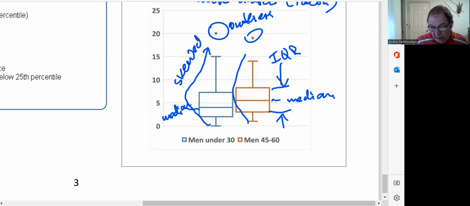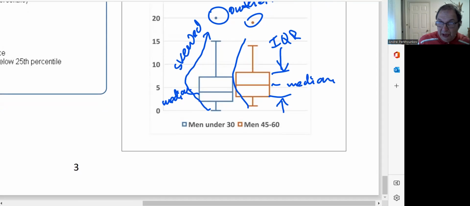And so, of course, what would be the easiest, most transparent statement you can make looking at these two graphs? Obviously, you see that men 45 to 60 exercise more.